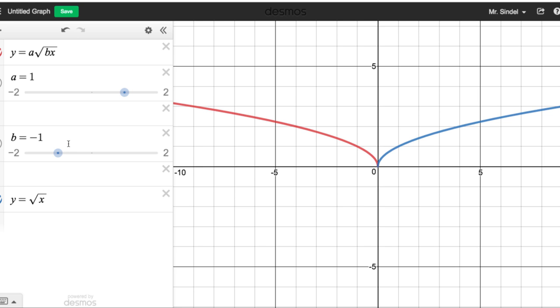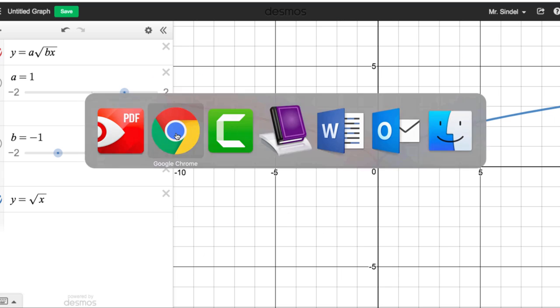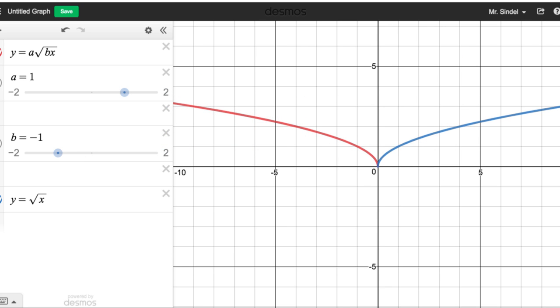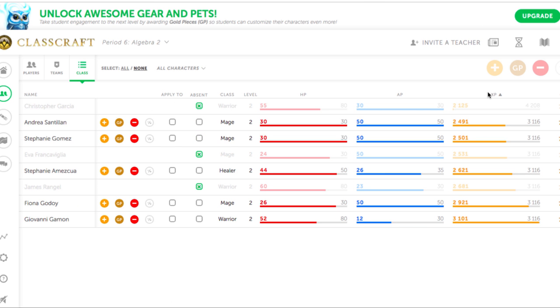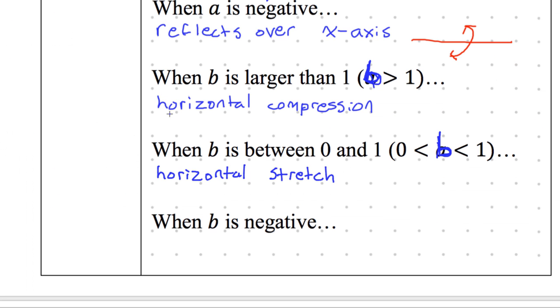And Gio might use his own word reflect. We'll see. I'm going to give this one to whoever has the lowest XP because everyone has been participating so much. Who is the lowest? Who needs it? Andrea needs it the most. Next is Stego. Go for it, Stego. It reflects over the y-axis. There it is.